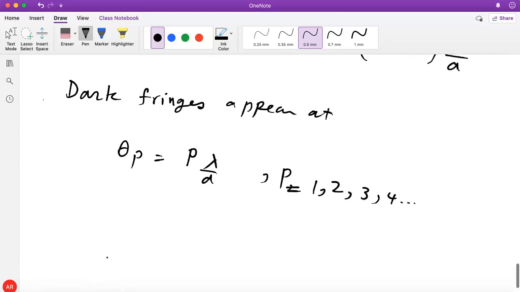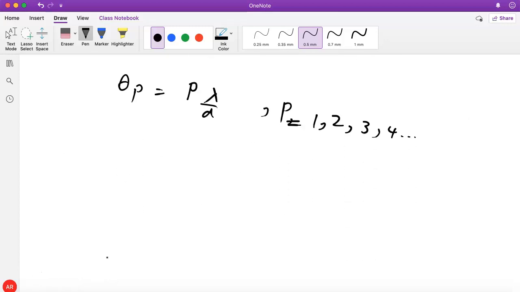The way we can convince ourselves that this happens is, instead of considering waves from sources a distance a over 2 apart, let's consider waves a distance a over 4 apart. So again, this is our opening here. That's the center.